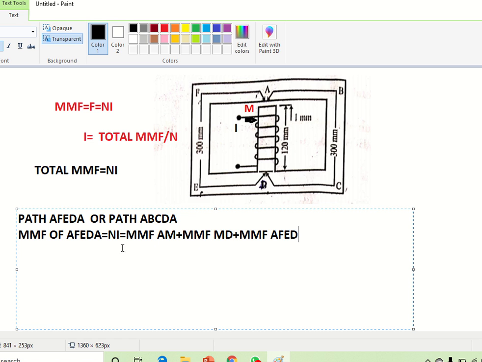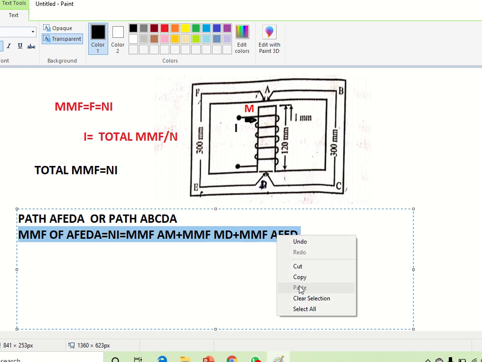Next, your aim is to find each individual MMF. If you are taking the other path, then you can write MMF AM plus MMF MD, that is the same, then MMF ABCD. So any one path you can take.